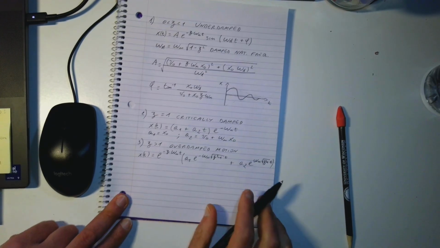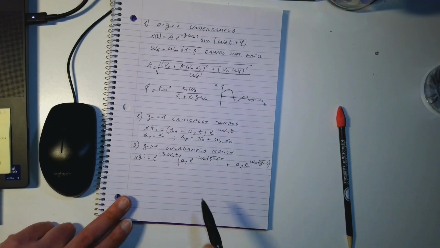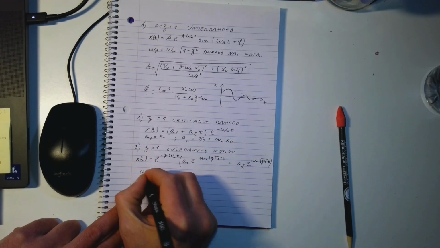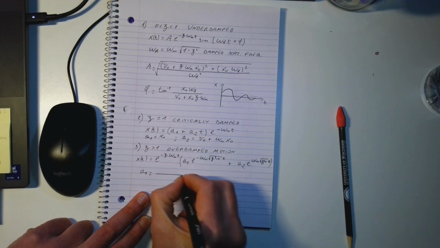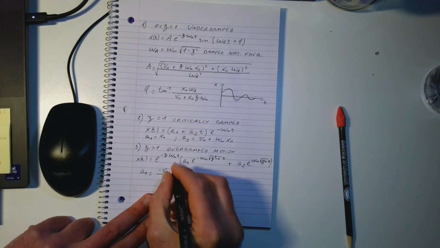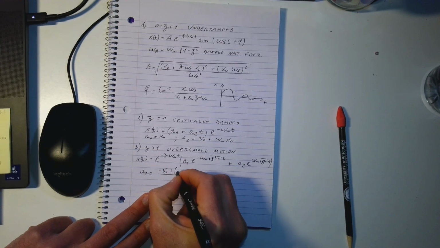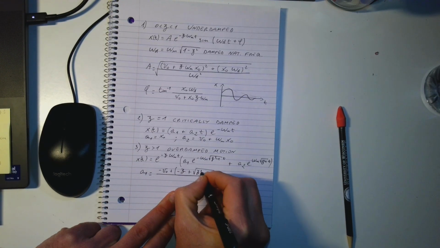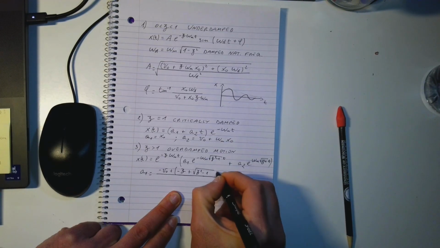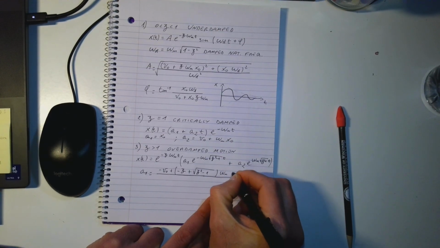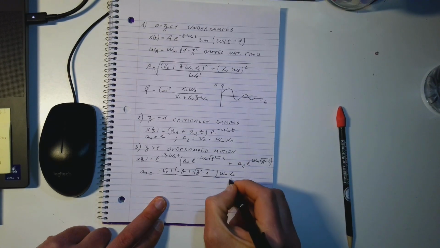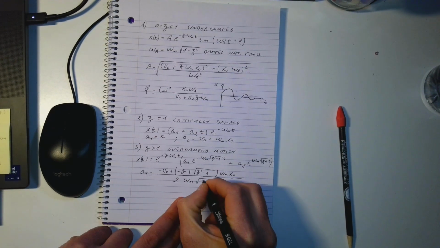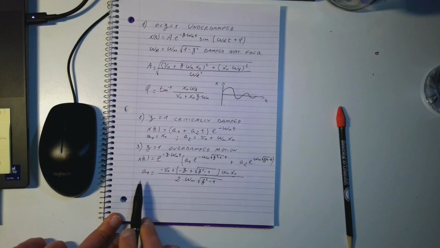Even in this case, of course, we have to find the expression of a1 and a2 based on the initial conditions. So what we have is a1 equal to negative v0 plus minus zeta plus square root of zeta squared minus 1, and this multiplies omega n x0, and then the denominator will be 2 omega n square root of zeta squared minus 1. This is for a1.